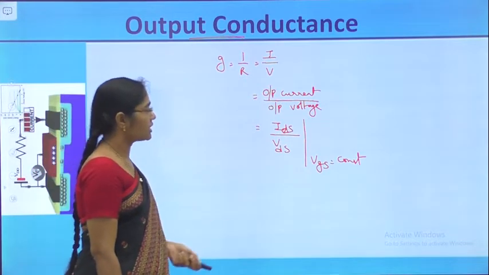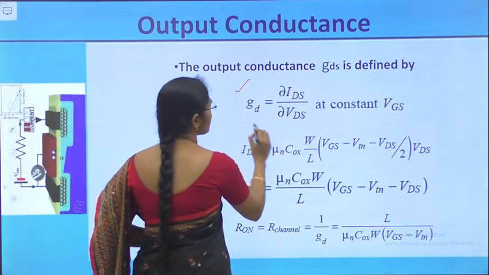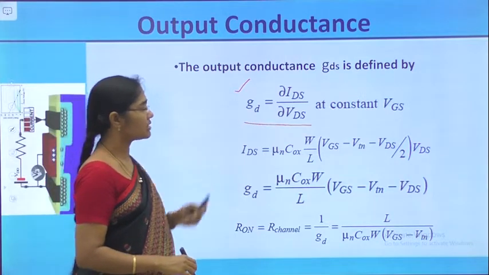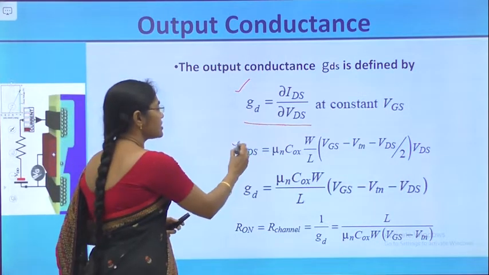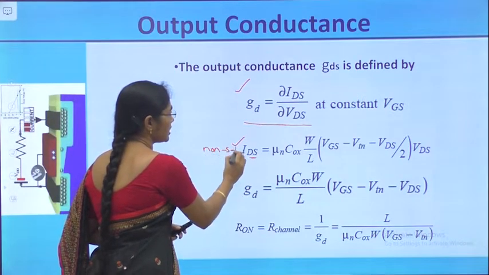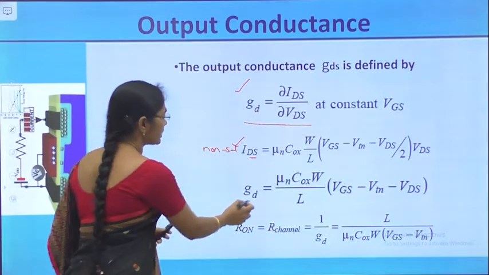Let's see that. The output conductance definition is GD equal to dou IDS by dou VDS at constant VGS. Taking the IDS non-SAT equation, the non-saturation current equation, and differentiating it with respect to VDS will give the GD.